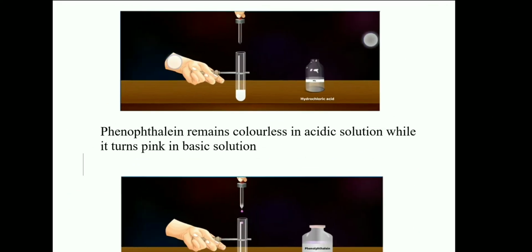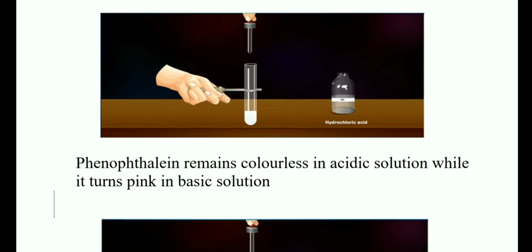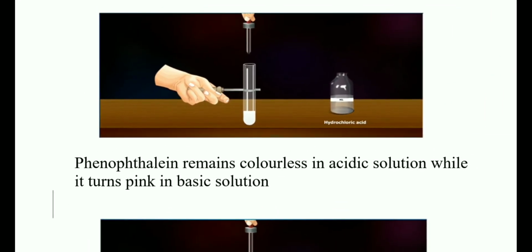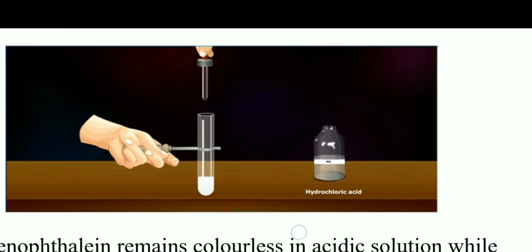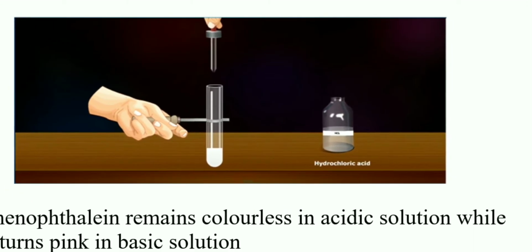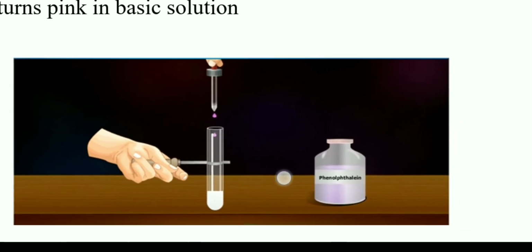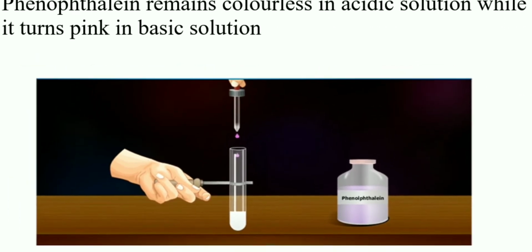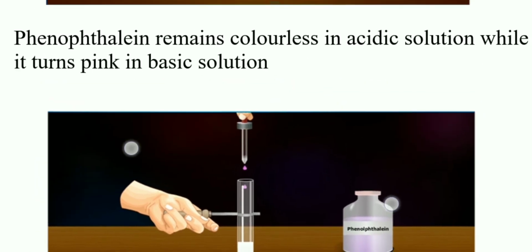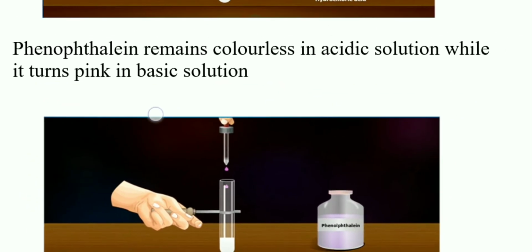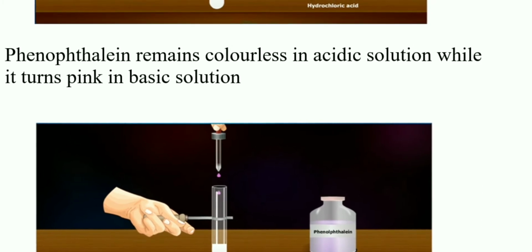In the next slide you can see that we have taken 10 drops of hydrochloric acid solution. Then we have added 2 drops of phenolphthalein solution. Phenolphthalein is an indicator. It remains colorless in acidic solution and it turns pink in basic solution.